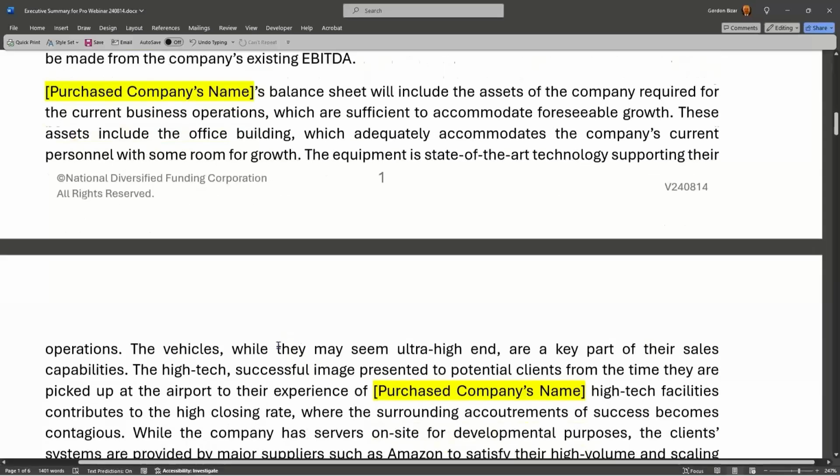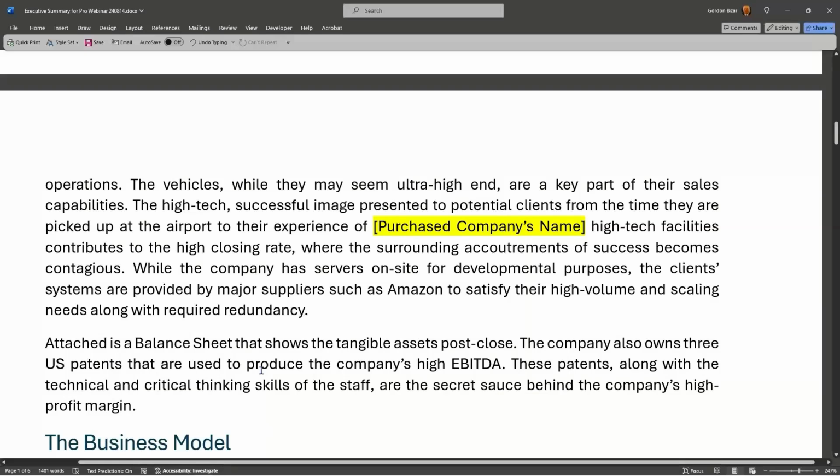And then this is interesting. This particular company had some very expensive vehicles, but they used them for business in a very effective way. The vehicles, while they may seem ultra high-end, one was a Rolls Royce, and the vans that they used to transport people around were high-end Mercedes vans, are a key part of their sales capability.